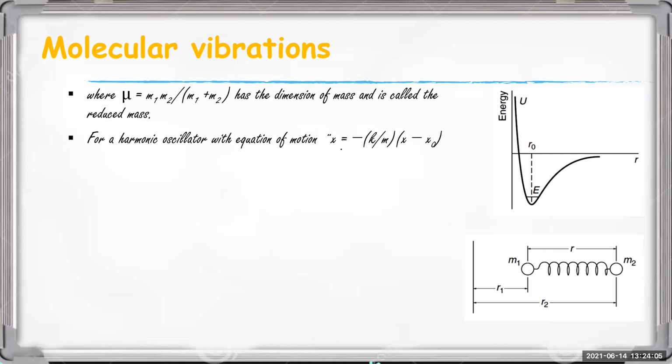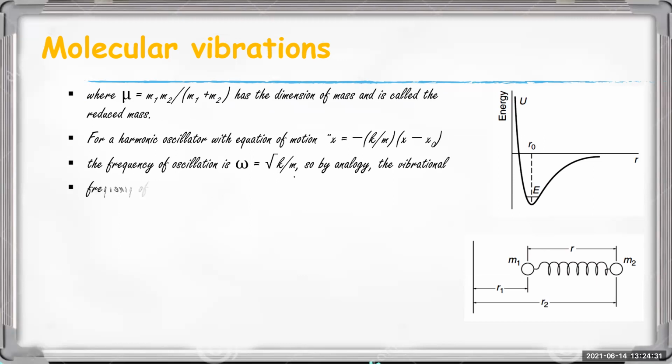For a harmonic oscillator, the equation of motion is x double dot is equal to minus k by m into x minus x0. The frequency of oscillation is root of k by m.